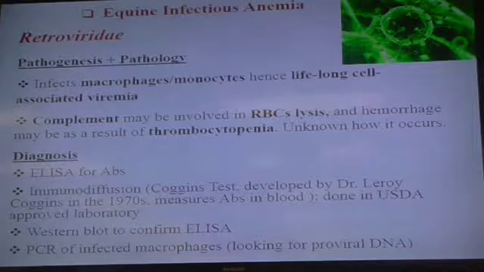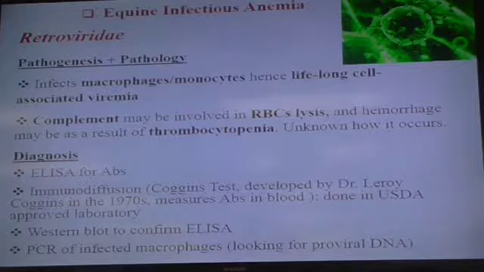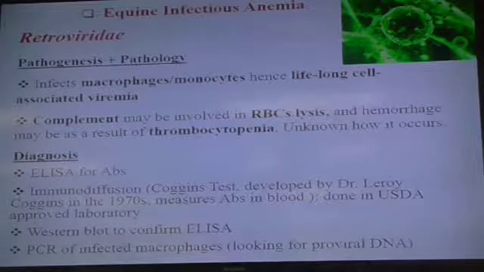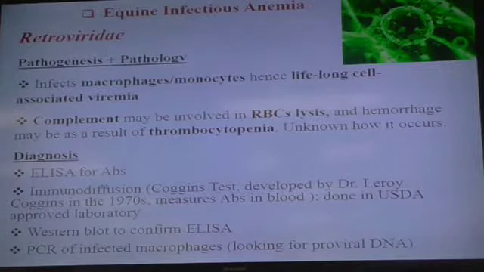Now, the immunodiffusion Coggins test is better combined with the ELISA test, because in the case of the immunodiffusion test, the sensitivity is low, the specificity is high. In the ELISA test, the sensitivity is high, the specificity is lower.